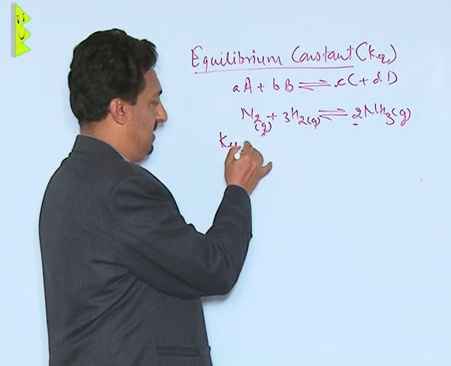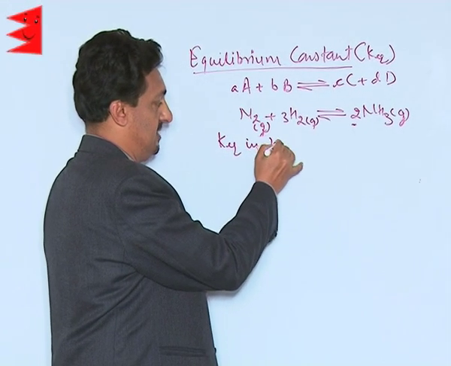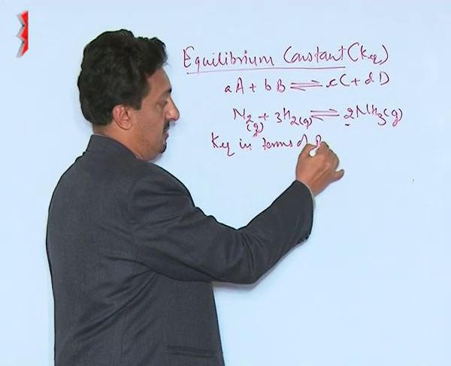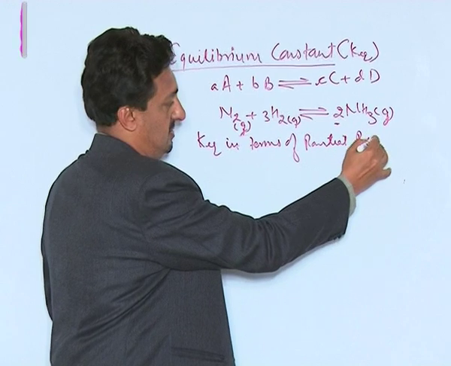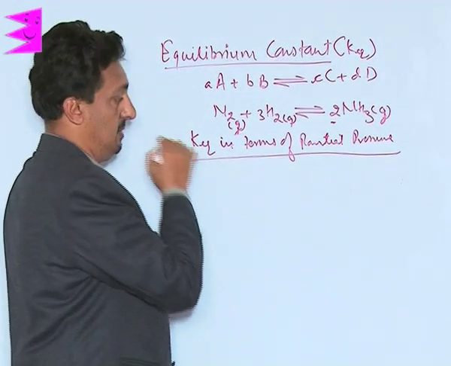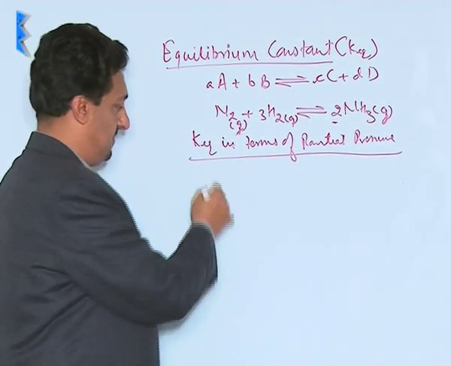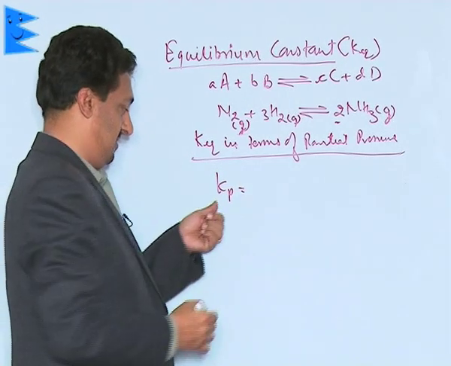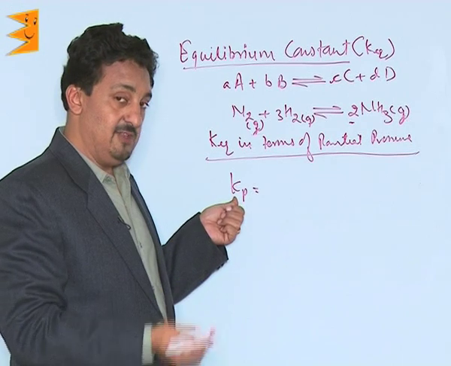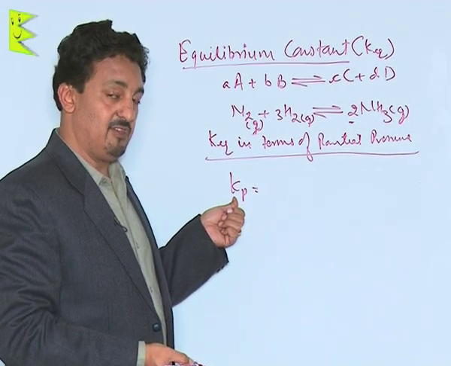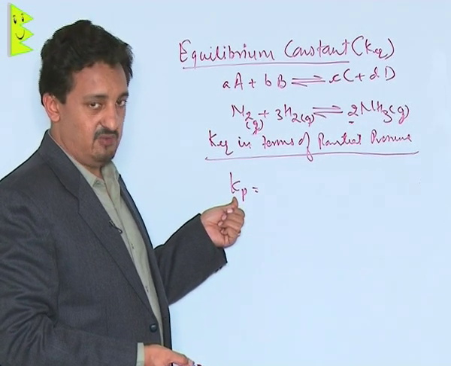So see, equilibrium constant in terms of partial pressure can be written as Kp, where the symbol P in the subscript is indicating that we will be expressing the equilibrium constant in terms of partial pressure of all the reactants and the products involved.